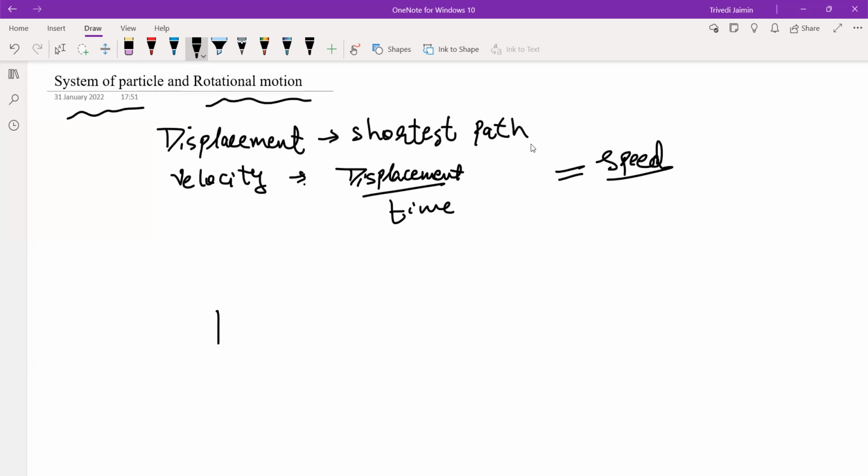So the walls and me together make a system. In a system of particles, I can be a bigger particle, or an ant can be a particle, or an atom is also a particle. Anything can be a particle, even the smallest thing.